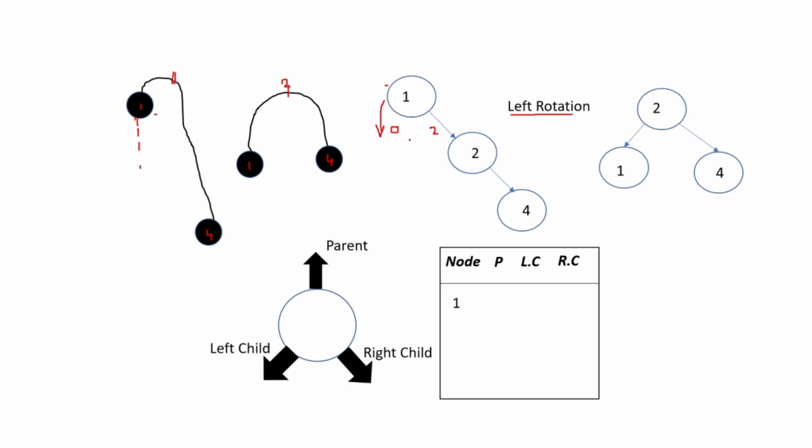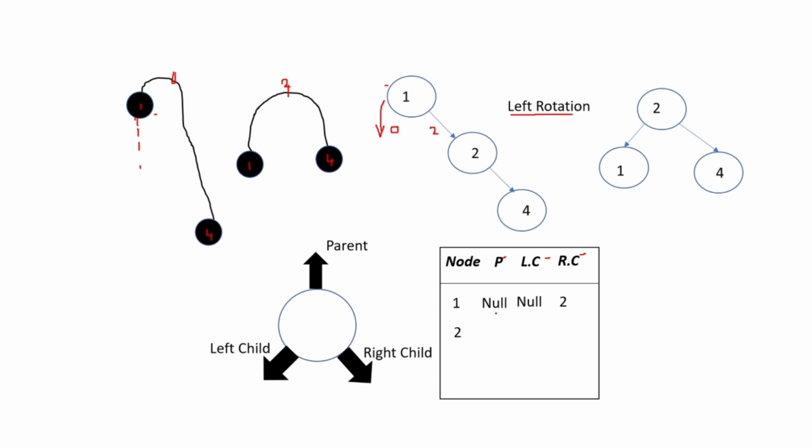The first node 1 is a root node, so the root node has no parent. This P pointer means parent, LC is left child and RC is right child. So the P pointer will be null. It had no left child, so this would also be null and the right child would be 2.